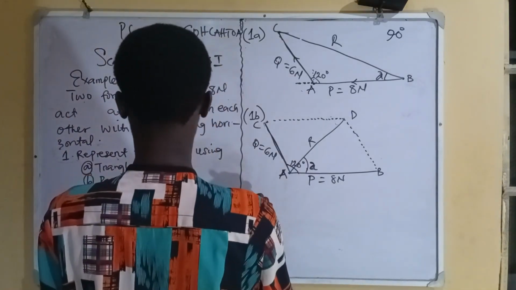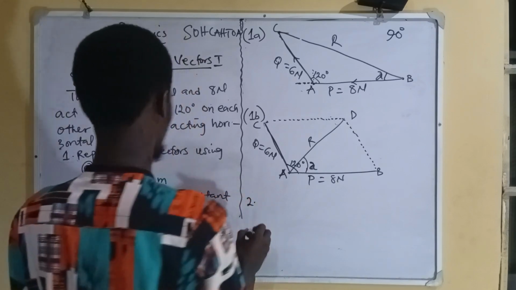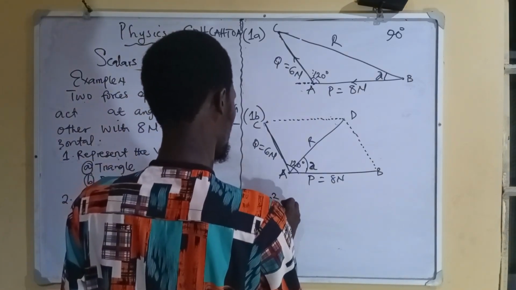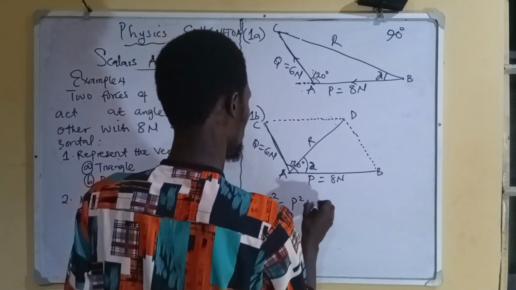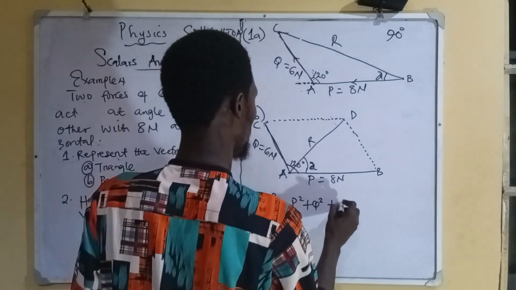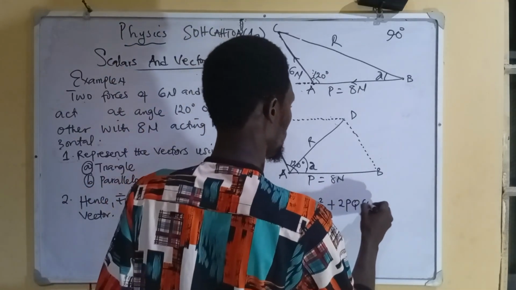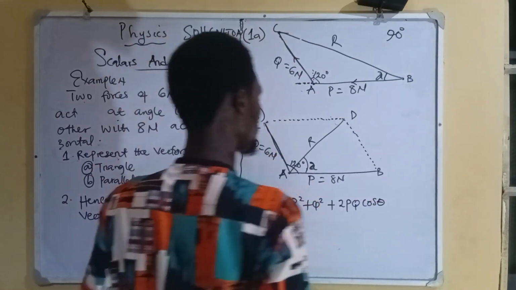For number 2, you have r squared equals p squared plus q squared minus 2pq cos theta.